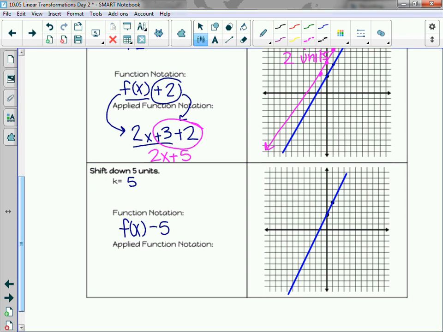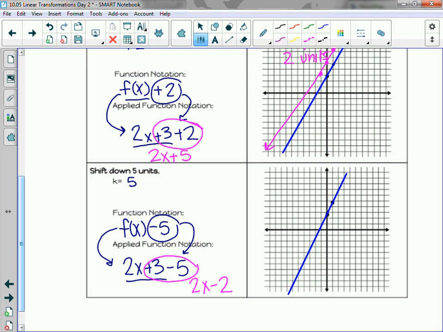When we apply our function notation, what is f of x? Remember we started with 2x plus 3. And then what are we doing to it? We are going down 5. Anything that you can simplify? Here it is. Our result is 2x minus 2.